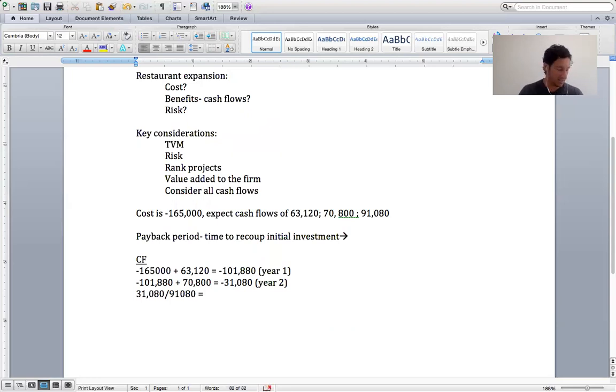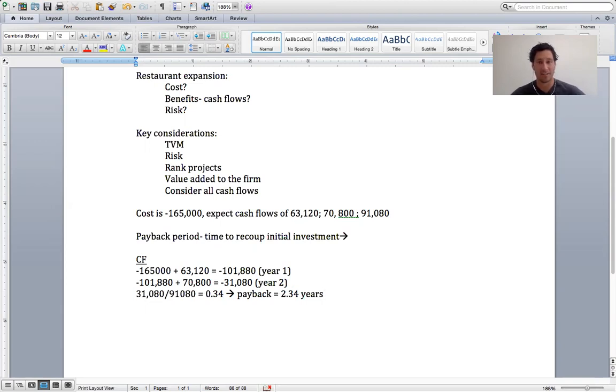So just divide to get your actual percentage. And I got 0.34. Okay. So our payback period is 2.34 years. And that's it. That's how you solve payback period.